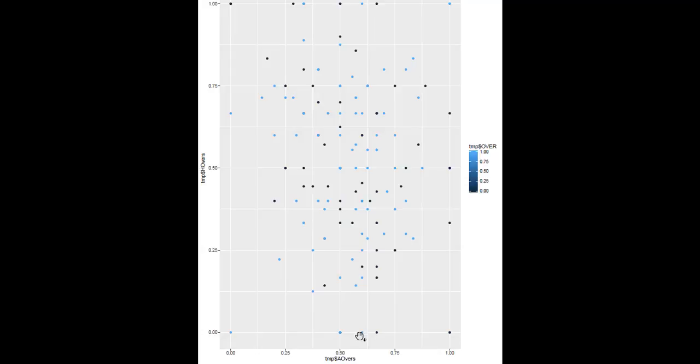So what I've plotted is the rate, the percentage of times that both the home team and the away team have overs.